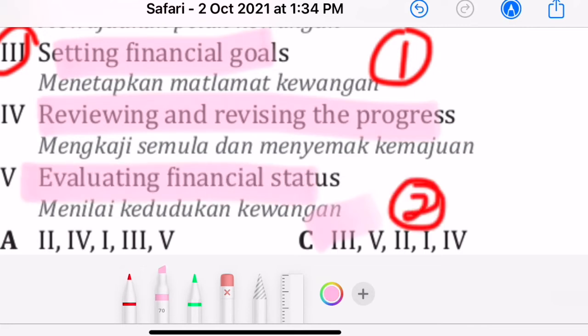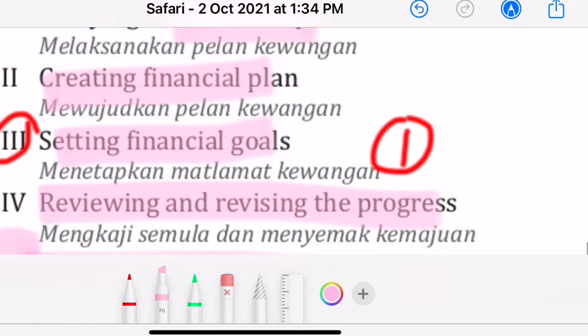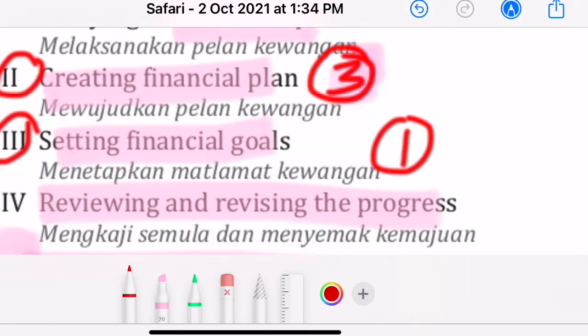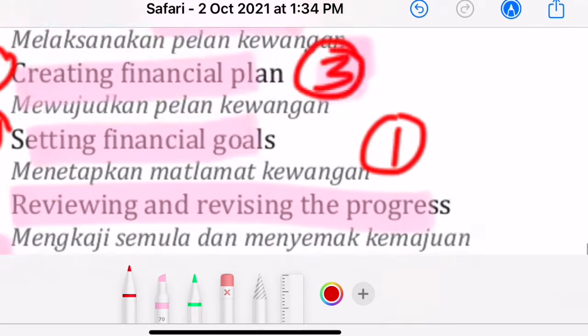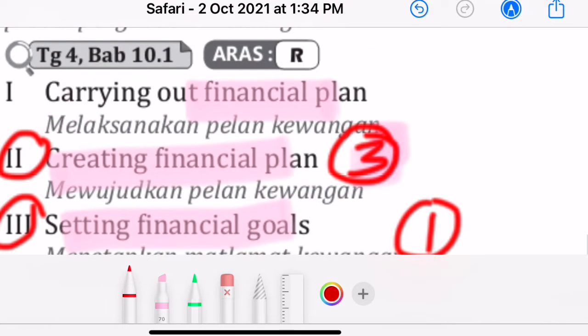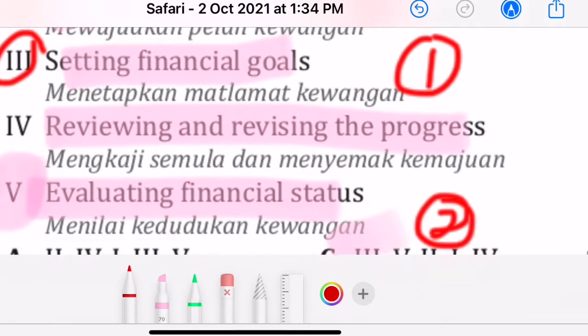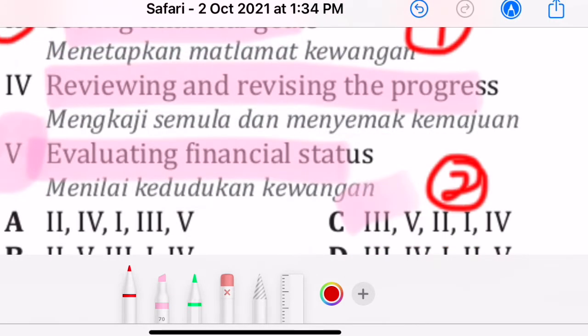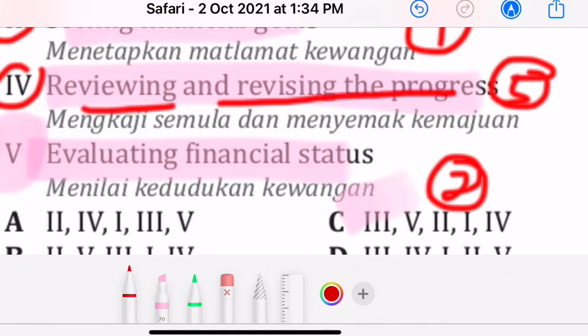After that we go to creating a financial plan. And then after that we carry out our financial plan. And finally we have to review and revise the financial progress.